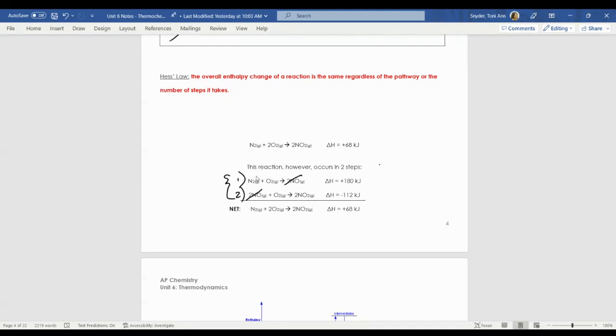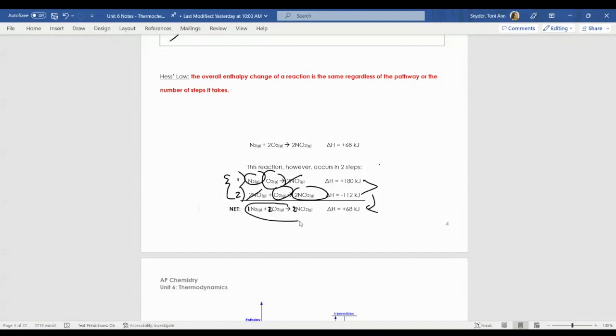And this gives me 2 NO2. The sum of those enthalpies is going to give me the enthalpy of this reaction. So 180 plus negative 112 will give me positive 68.